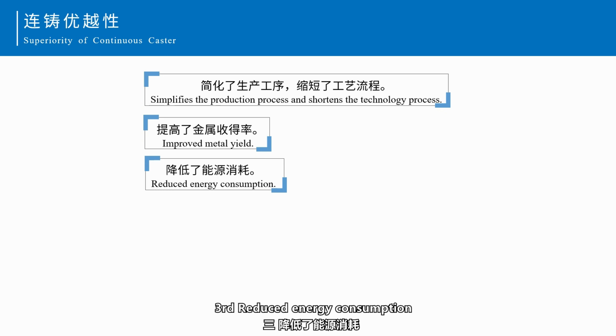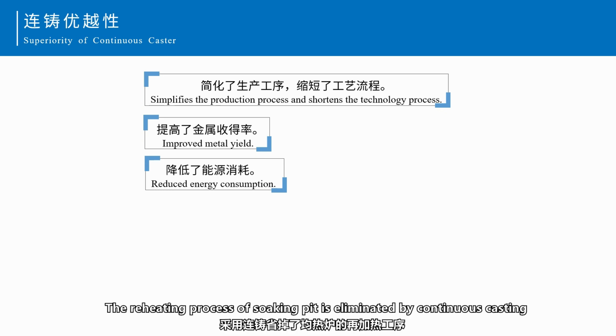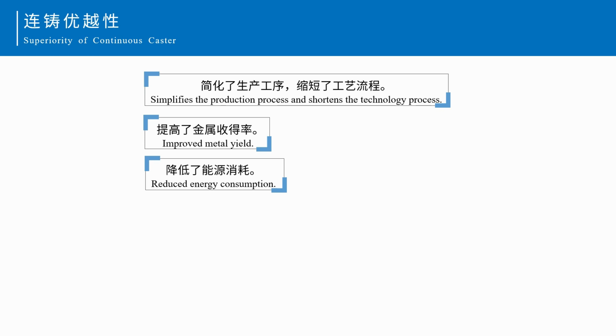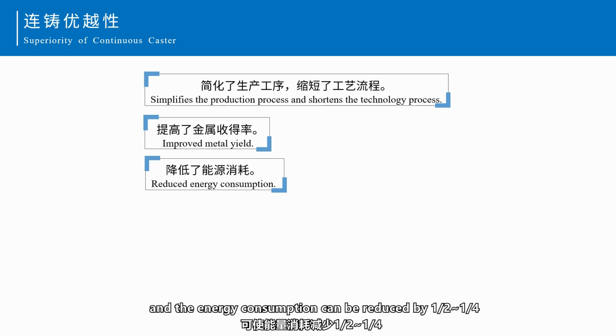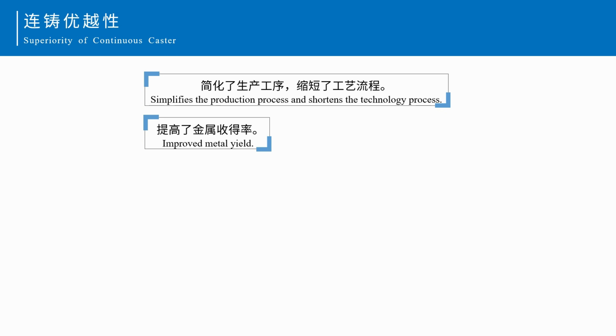Third, reducing energy consumption. The reheating process of the soaking pit is eliminated by continuous casting, and the energy consumption can be reduced by 1/2 to 1/4.